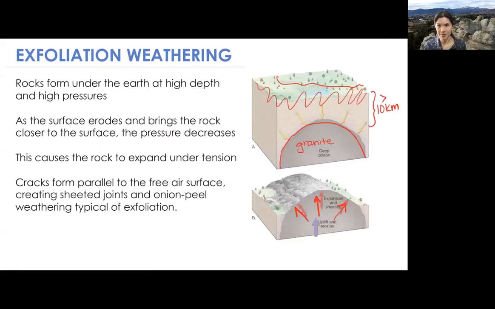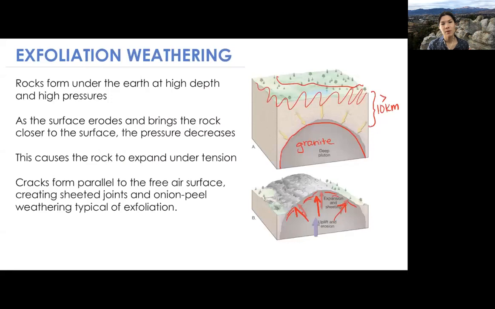And in doing so, that expansion causes cracks that occur perpendicular to the direction of expansion, which is also going to be somewhat parallel to the free air surface. So we get a series of cracks that form parallel to the free air surface, and these are layered and result in this onion skin like peeling or exfoliation of the granitic rock.